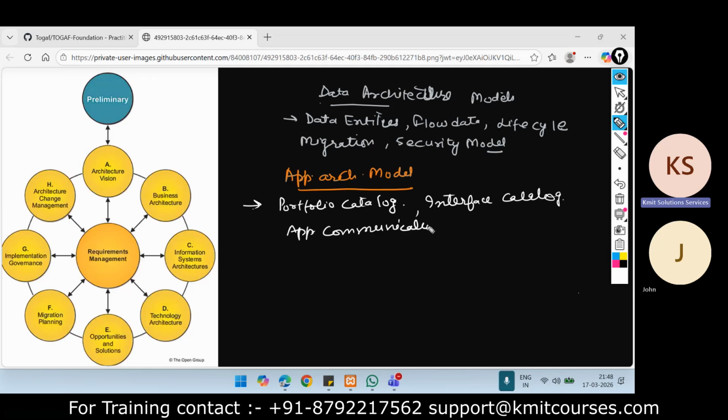Then the application use case diagram, right? So what are the use cases? For example, CRM for customer, and some other application which is related to some business need. Then we are having the application interaction matrix.